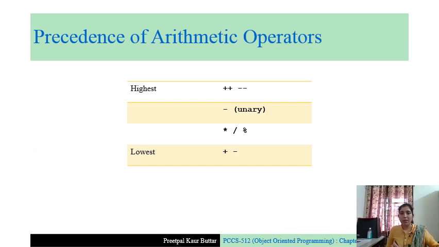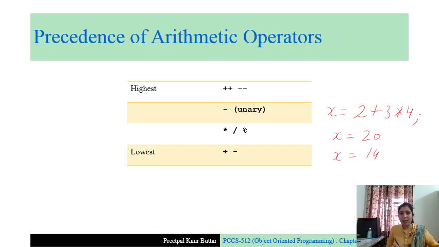So this table gives us the precedence of arithmetic operators. Precedence means if in an expression there are multiple arithmetic operations, then which operation will be performed first. For example, if the expression is x equal to 2 plus 3 into 4, then what will be the value of x? Will it be 2 plus 3, 5 into 4, 20, or will it be 3 into 4, 12 plus 2, 14? This is decided by the precedence of operators.